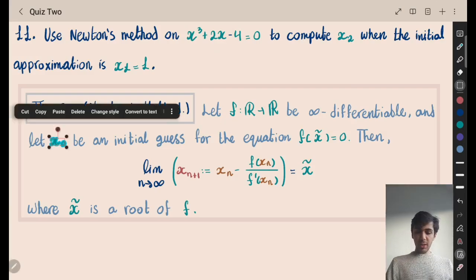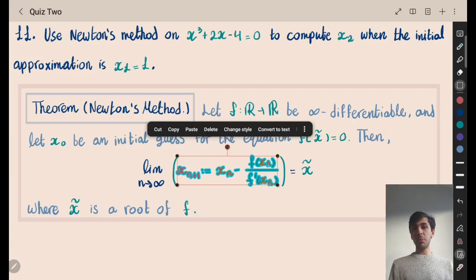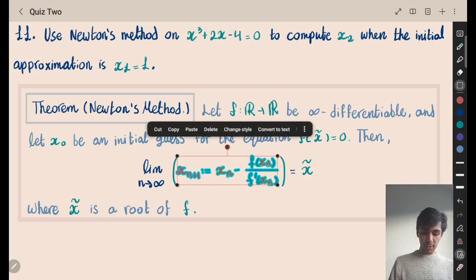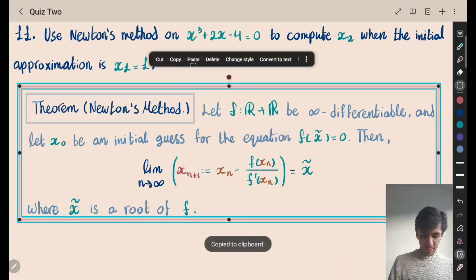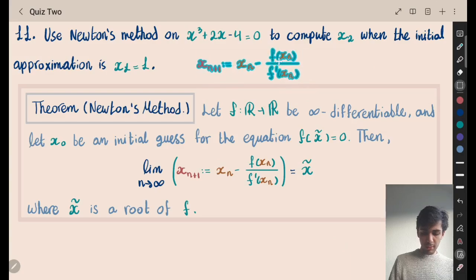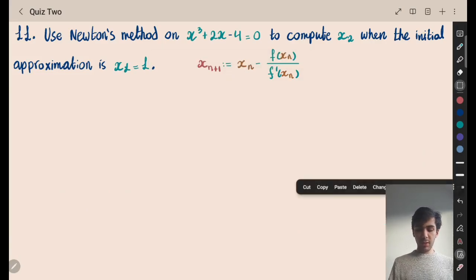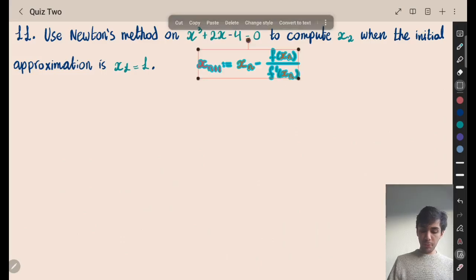And if we have some initial guess, then this iterative scheme applied infinitely many times gives us one of the roots of this function. So we interest ourselves only in this part for the sake of the computation, but in principle, every single component of this theorem is relevant for our problem.